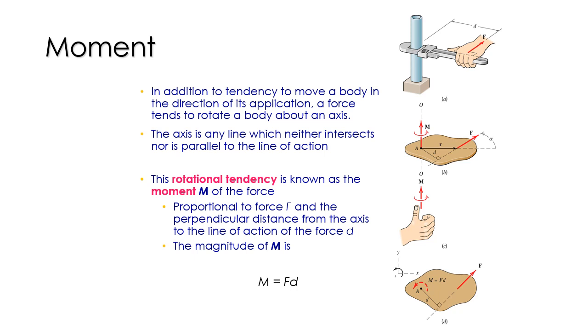To get the moment, it is just equivalent to the force F multiplied by the perpendicular distance from the axis to the line of action of the force.